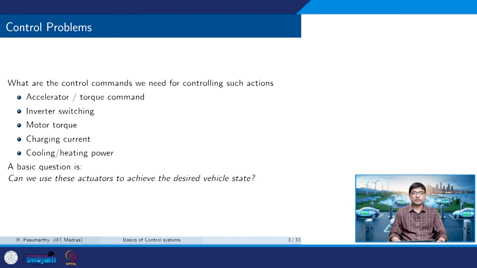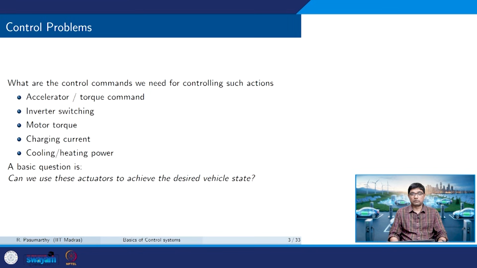It could be some command which should generate an appropriate torque or an equivalent amount of acceleration. We also looked at what happens in the buck converter, where we were looking at the duty cycle. How do we appropriately time our inverter switching? Can I control the motor torque? Can I control the charging current?